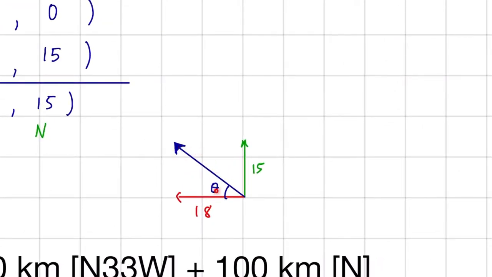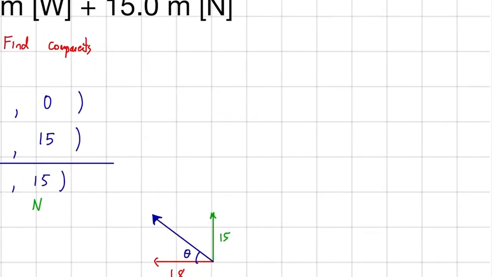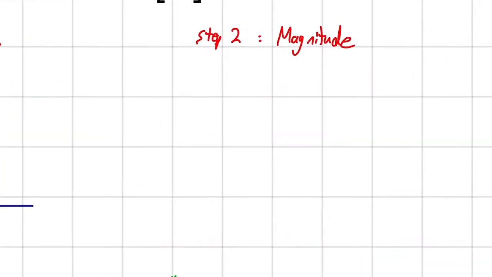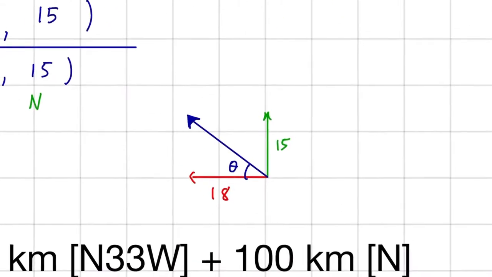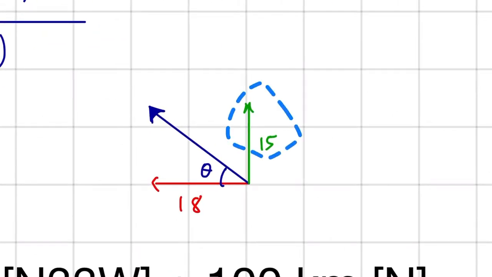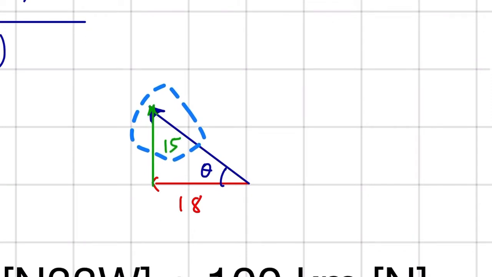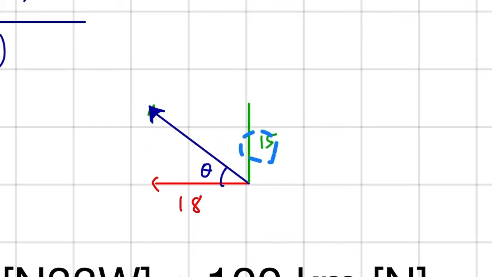Now let's find the magnitude. So that's the length of the vector and this angle. So step two, magnitude. All right, what's the formula for the magnitude? Well, if we look at the Pythagorean theorem, this vector, we can actually move over to here, and we have a 90-degree triangle. So we're going to use SOHCAHTOA.